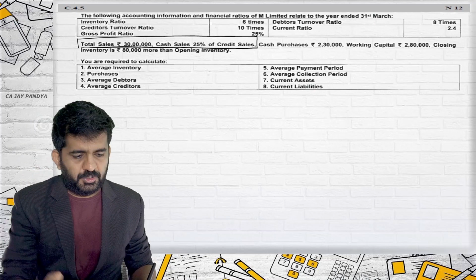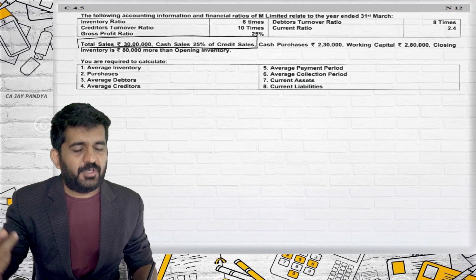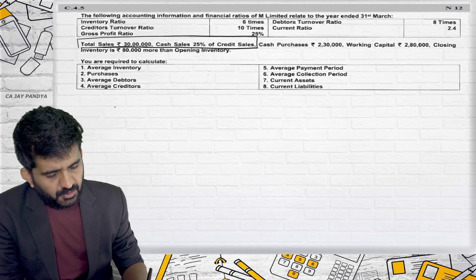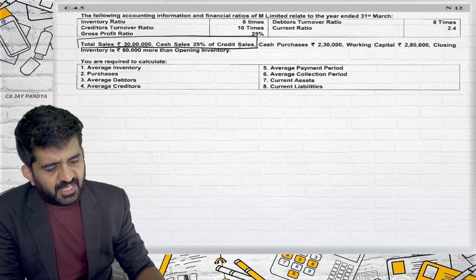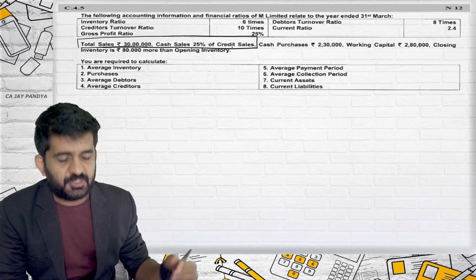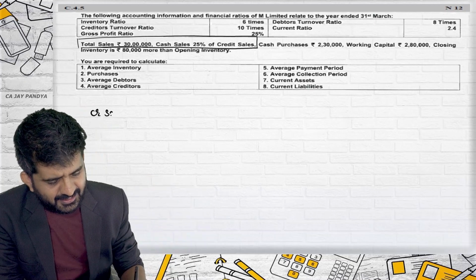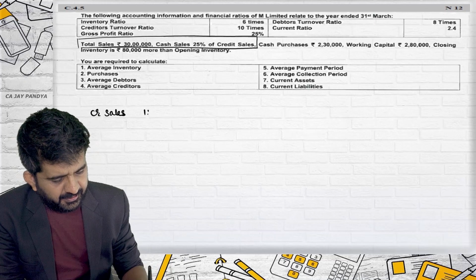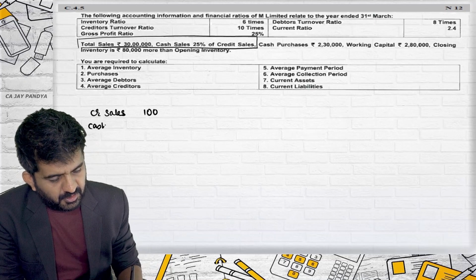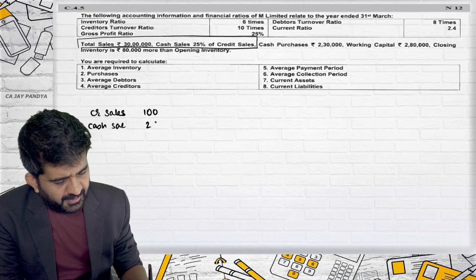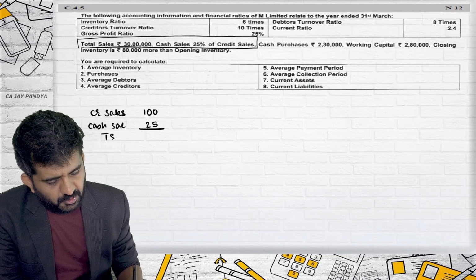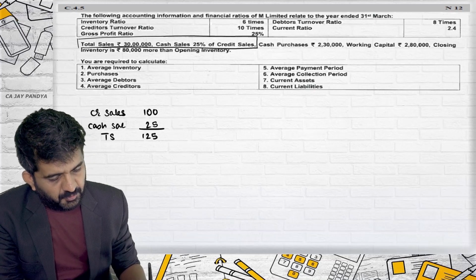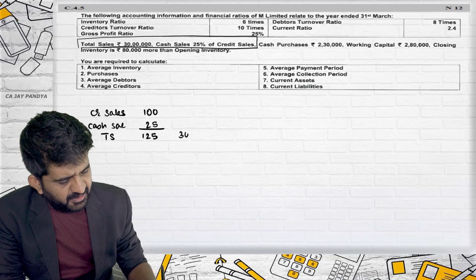How to find out the answer? This is my way. You may have a different way. Cash sales are 25% of credit sales. Let credit sales be 100. Cash sales will be 25. Total sales will be 125. Total sales is given 30 lakhs.